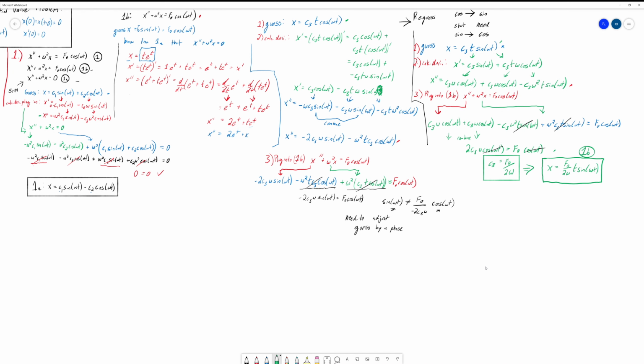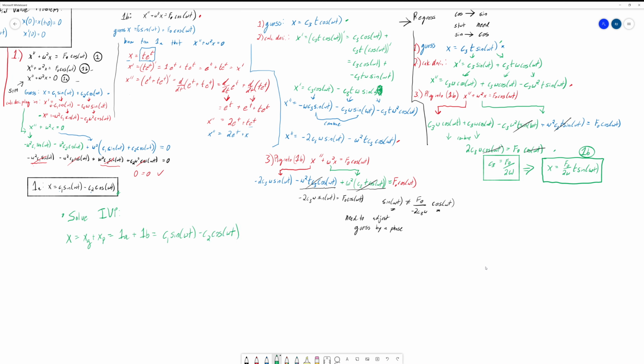All right, and so I'm going to rewrite down here. So our last step is, now we're ready to finally solve this initial value problem. And we know that x is going to be the general solution plus the particular solution, which is going to be, in this notation, the x from 1a plus the x from 1b. The x from 1a is right here, which is going to be c1 sine omega t minus c2 cosine of omega t.